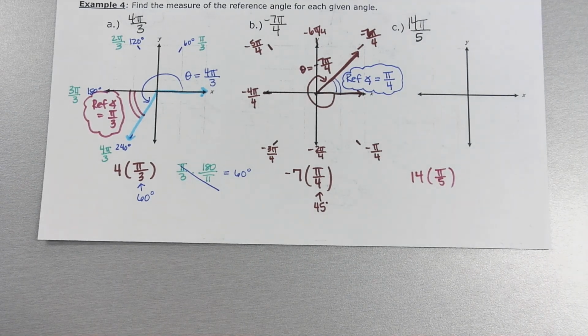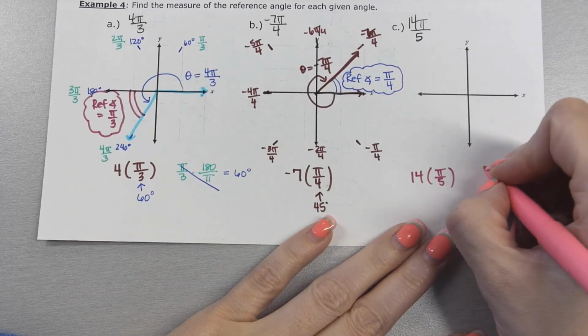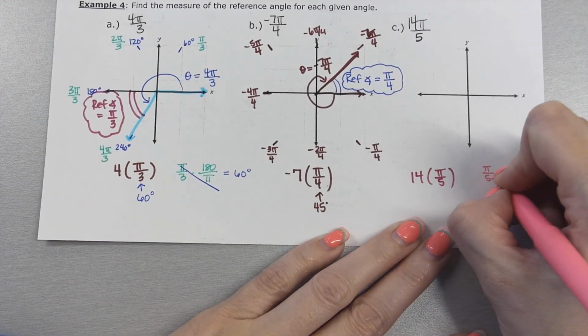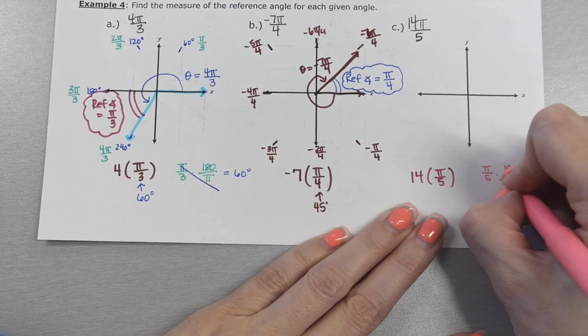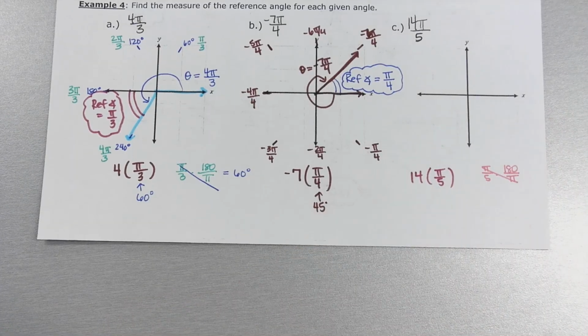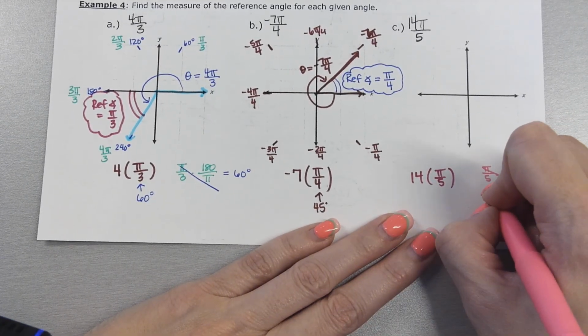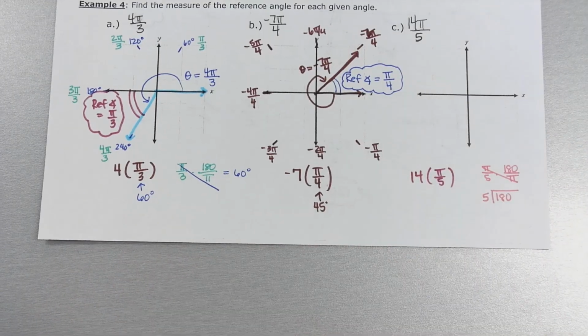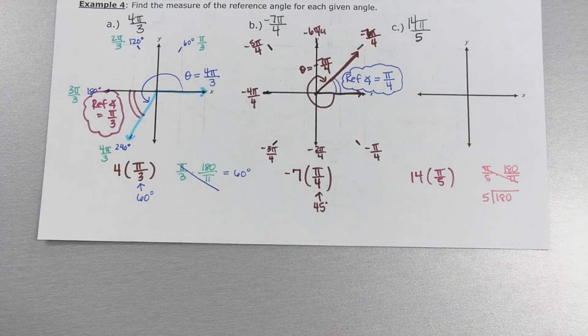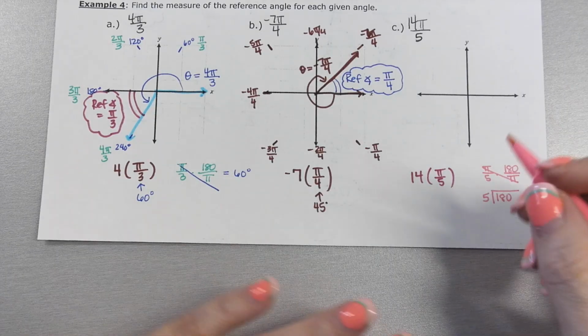Okay, so if you're converting, and you're doing pi over 5 times 180 over pi, we end up having to divide those. And remember, this is a no calculator section. And this one really isn't that bad, because 5 goes into 18 how many times? 3.